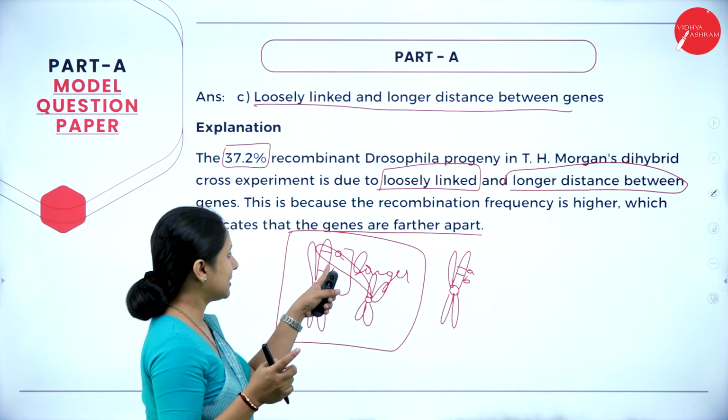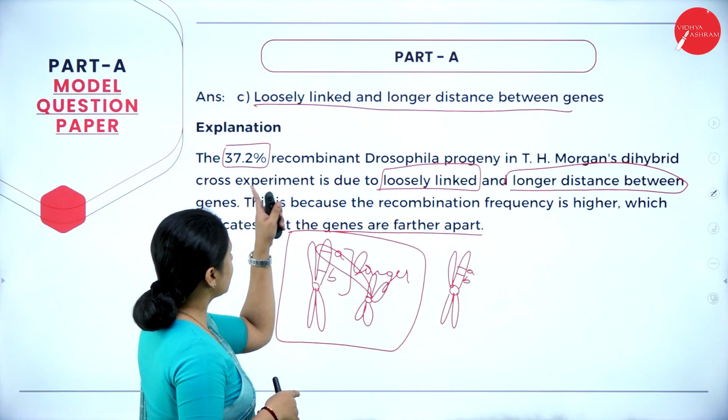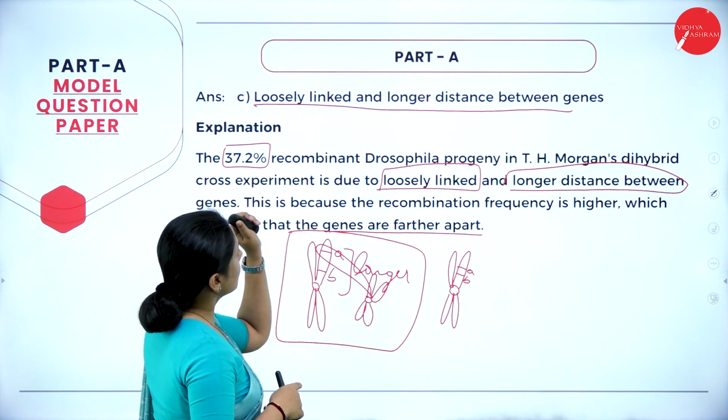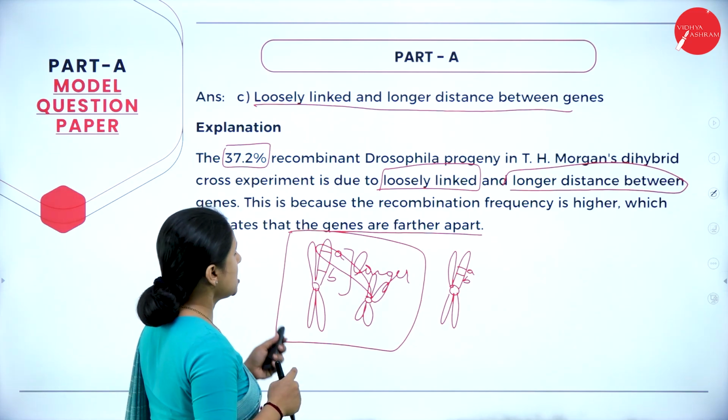But here it is not like that. Only A will go because they are placed far apart. So that is why 37.2% recombination is because of loosely linked and longer distance between the genes.